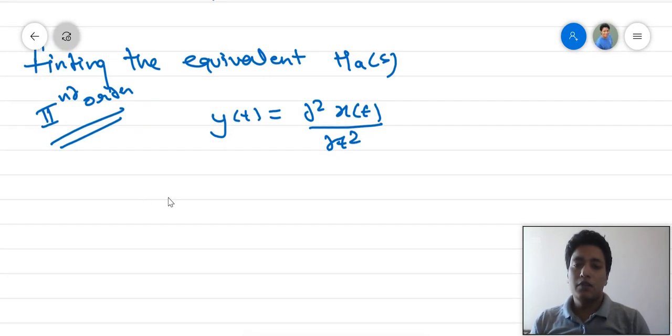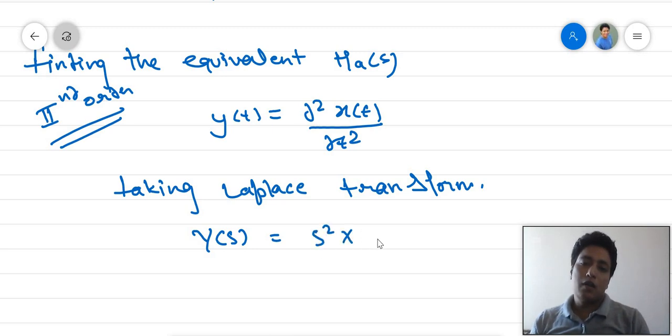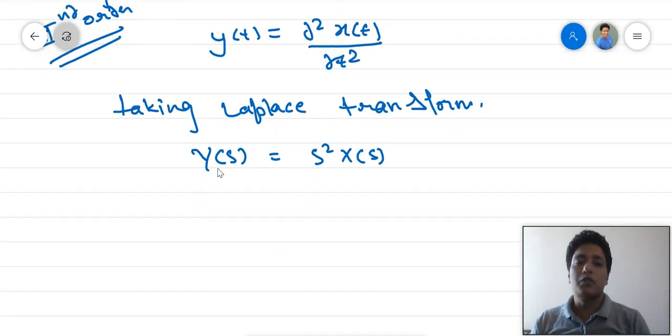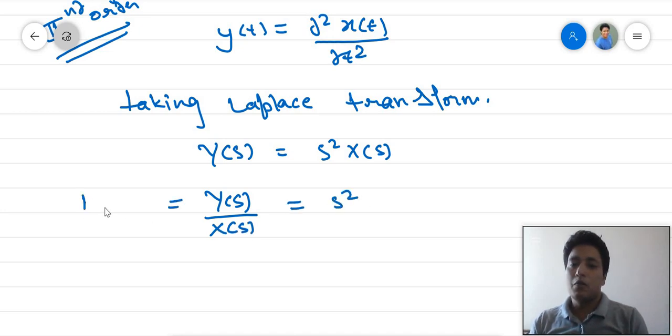So taking the Laplace transform, Y(s) will be equal to s square X(s), and we are not writing the initial conditions, so they will be 0. So Y(s) over X(s) equals s square, which is equal to H(s).